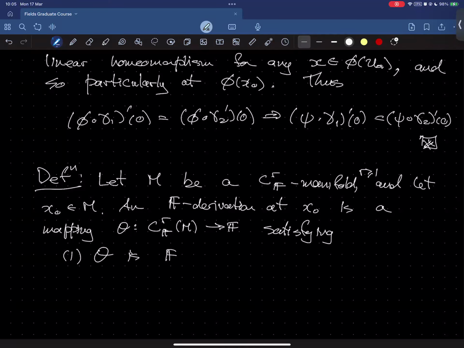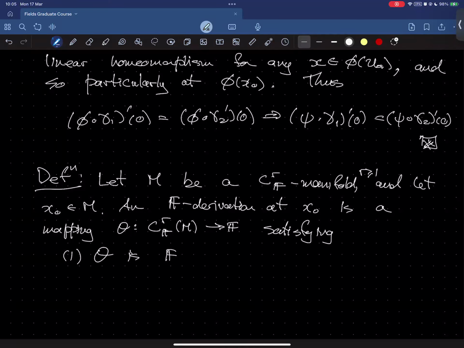I'm going to call that mapping theta gamma, and it's going to take a function f and map it to f composed with gamma.